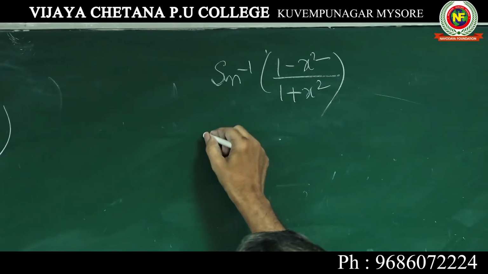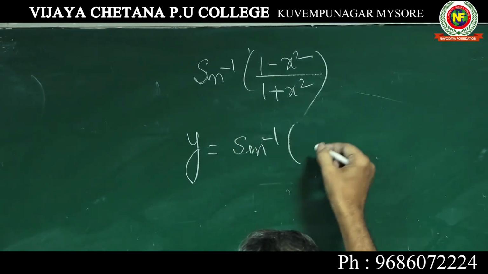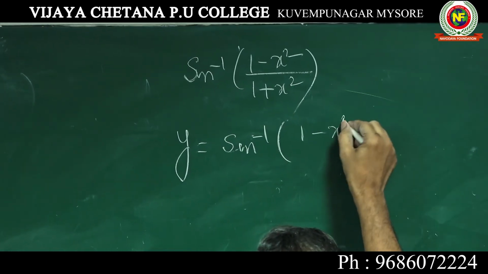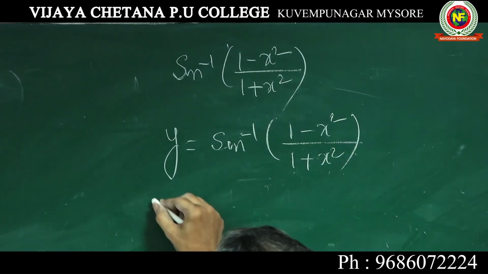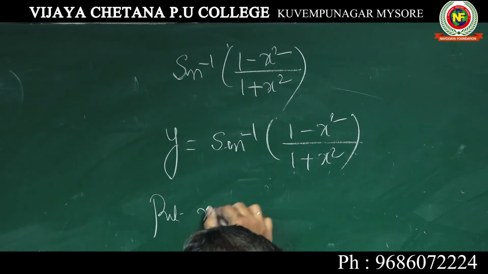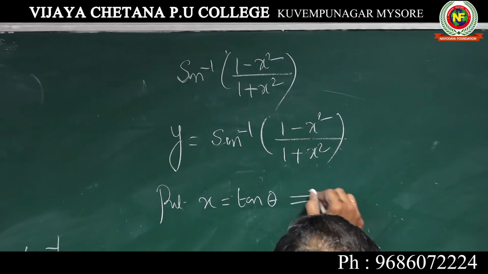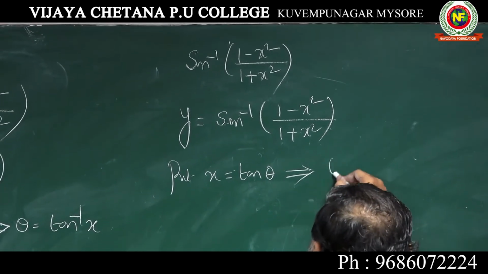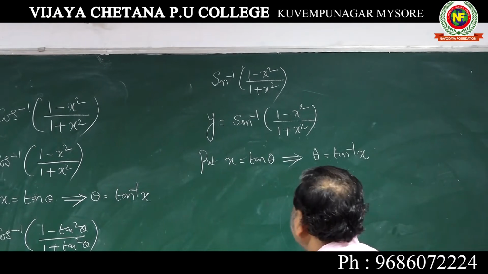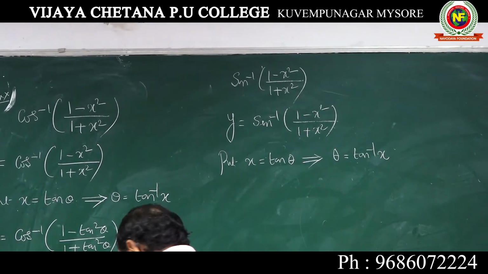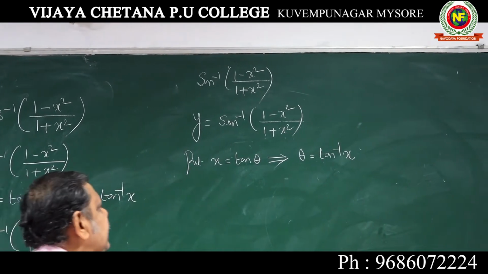Y is equal to sin inverse of 1 minus x square by 1 plus x square. Put x equal to tan theta, which implies theta is equal to tan inverse x.